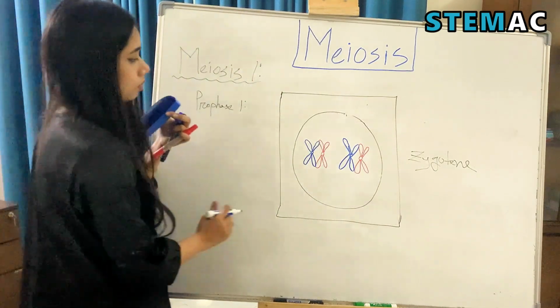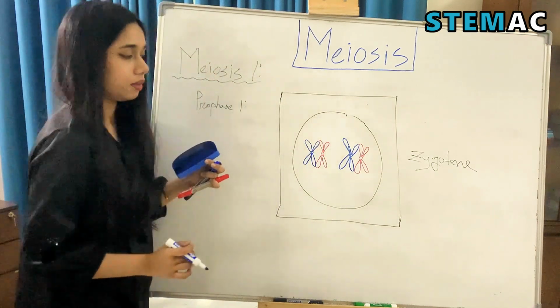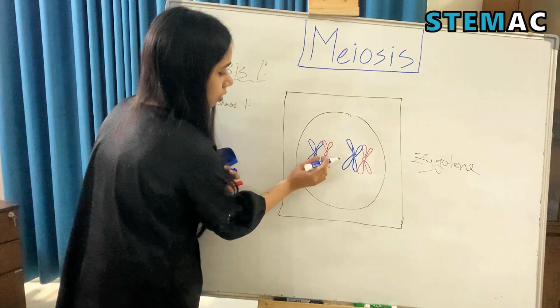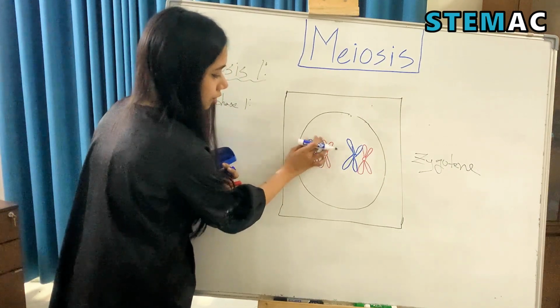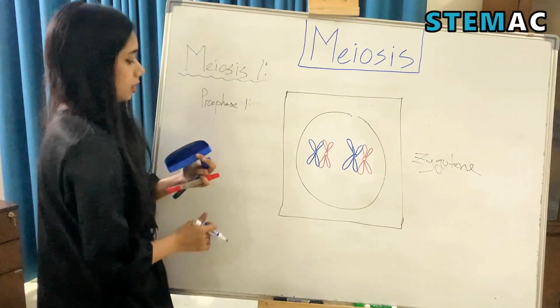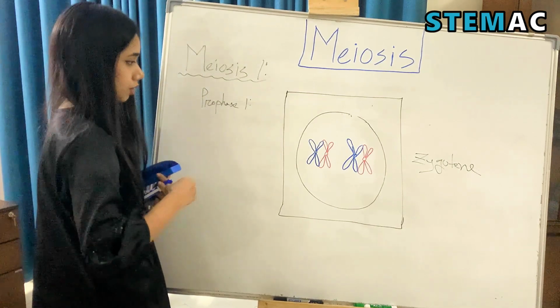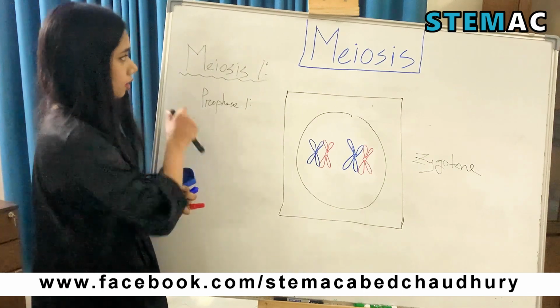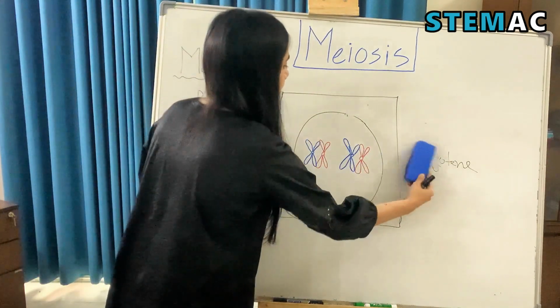We can see that the pairs have attached together with their chromatids. The chromatid of this chromosome and the chromatid of this chromosome have attached together. This happens in the pachytene phase of prophase 1.